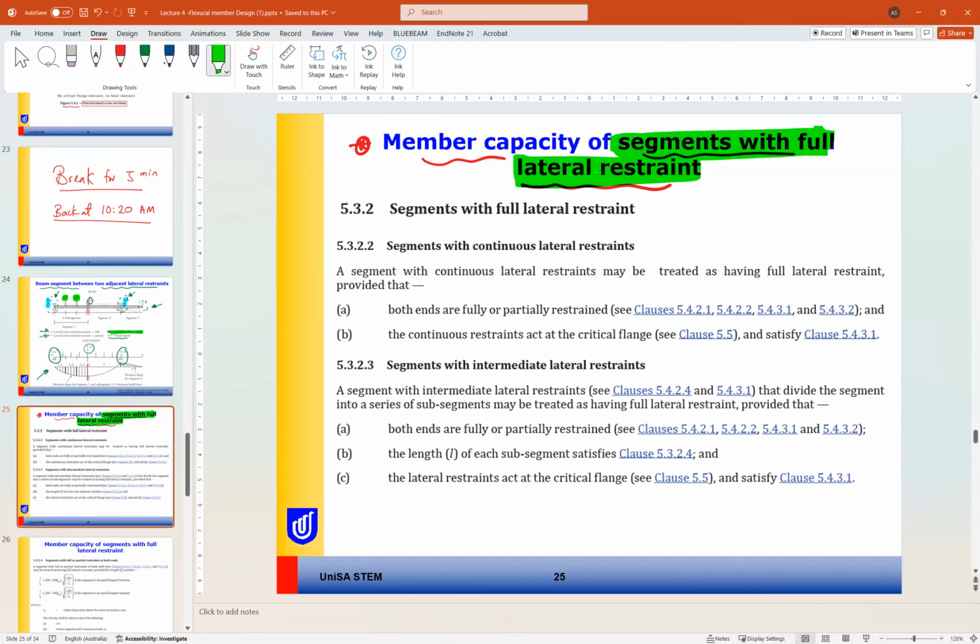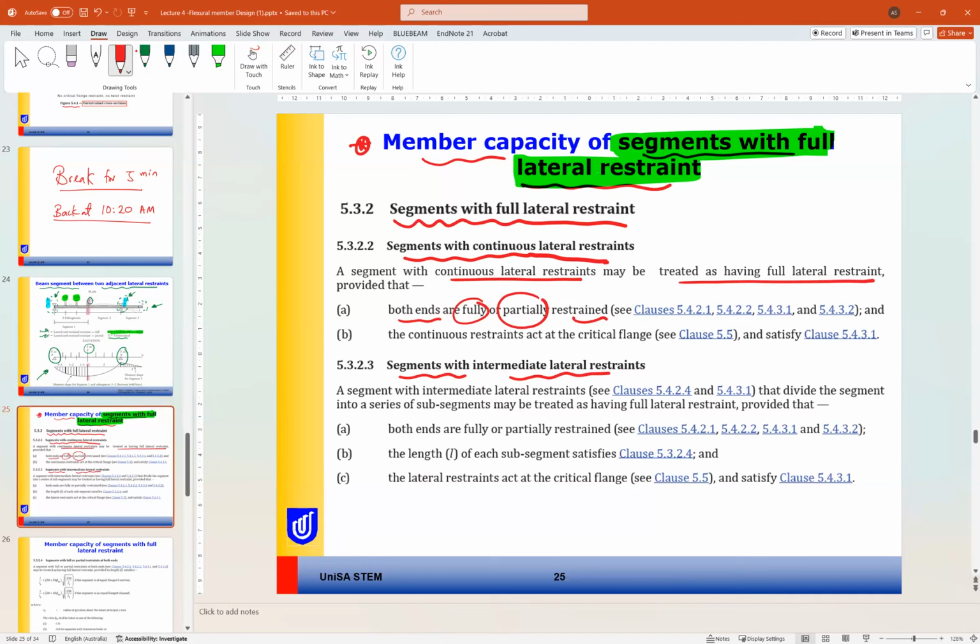For a section or beam with full lateral restraint, we have two cases: a segment with continuous lateral restraint and a segment with intermediate lateral restraint. A segment with continuous lateral restraint may be treated as having full lateral restraint provided that both ends are fully or partially restrained. The continuous restraint acts at the critical flange.